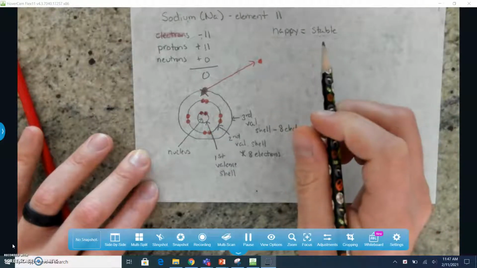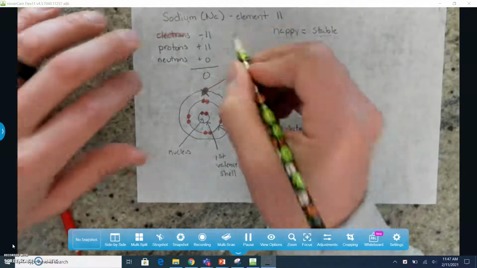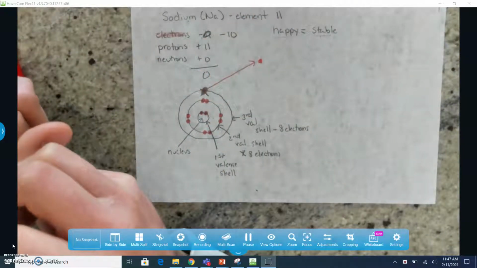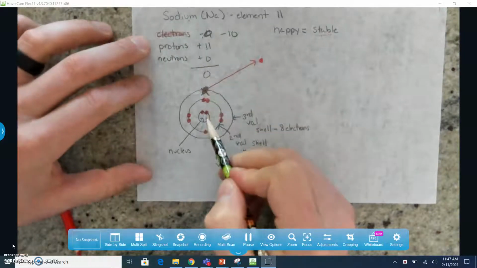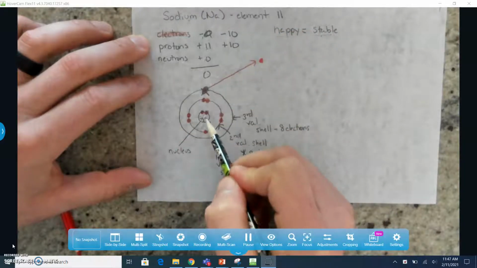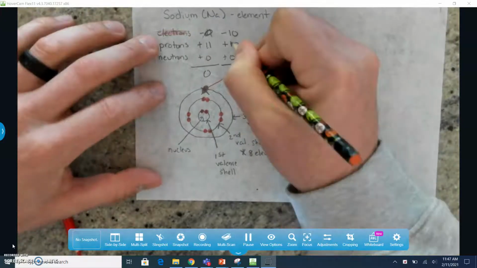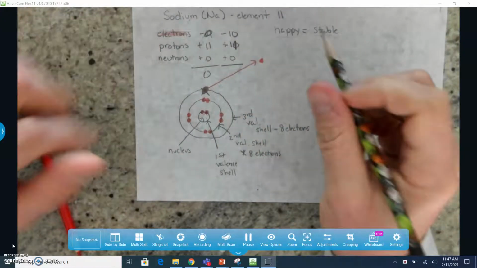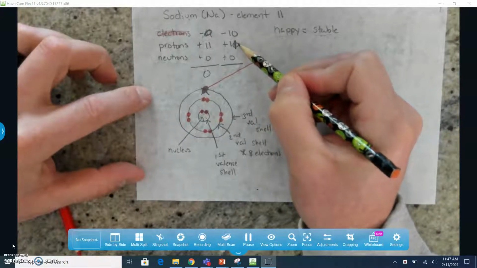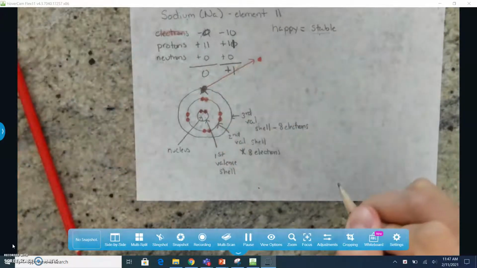However, in doing so, there's no longer 11 electrons, is there? We lost one. So now there are 10 electrons. Protons are still 11 in the nucleus. Neutrons, there's still 11 of them in the nucleus. Now we have a difference. So 10 negatively charged, 11 positively charged, overall charge, positive 1.